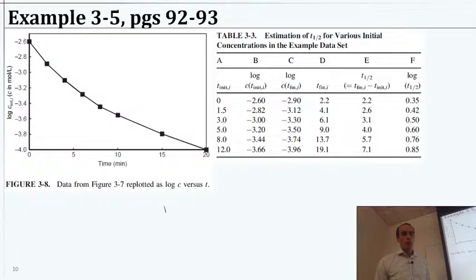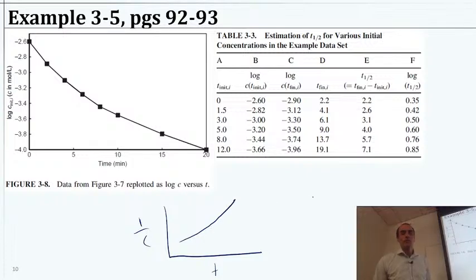Did you guys check 1 over C versus time? How does that look? Is that linear? No. What does it look like? So something like that, maybe? Okay. All right.